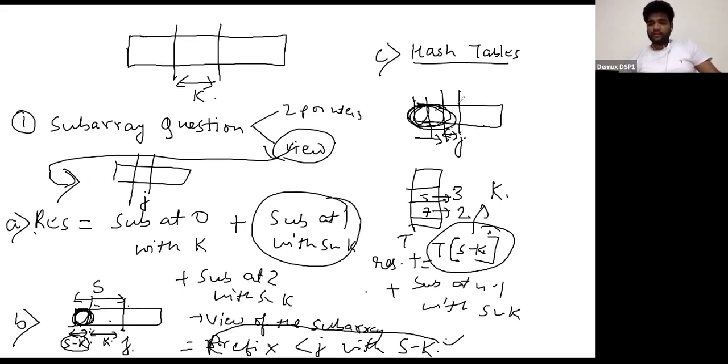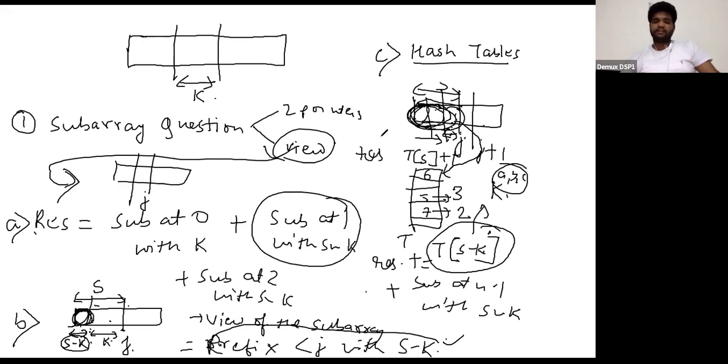And of course, now that I am here, for this total prefix sum S, I can increment the appropriate counter in the hash table. So I can do a T of S plus plus, so that I increment the counter here, and then I can move on to J plus 1 and repeat the steps A, B, C. And I can keep doing that till I get the result.